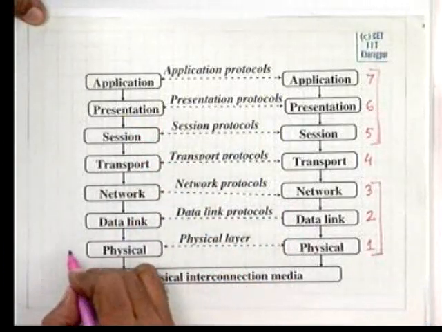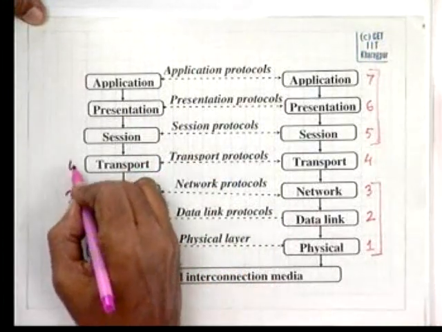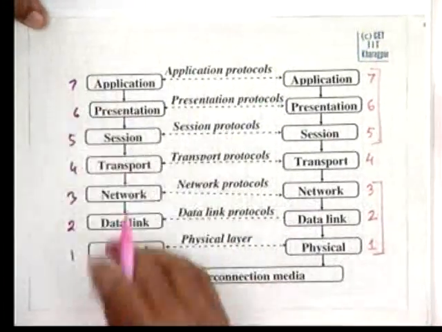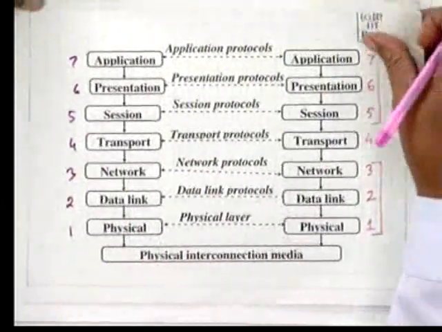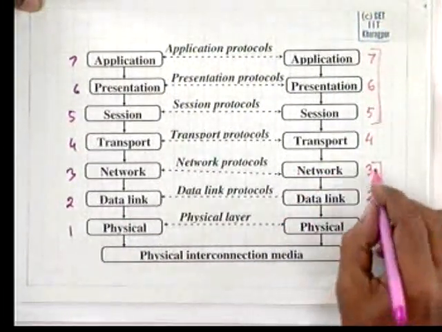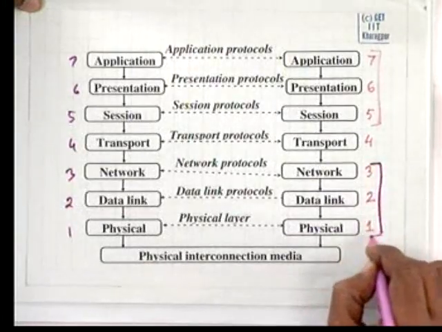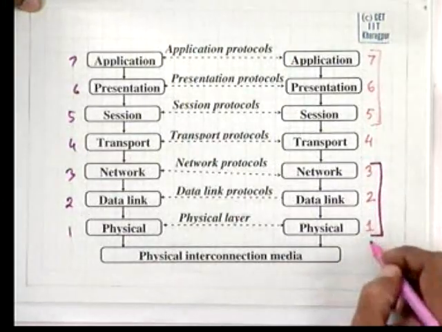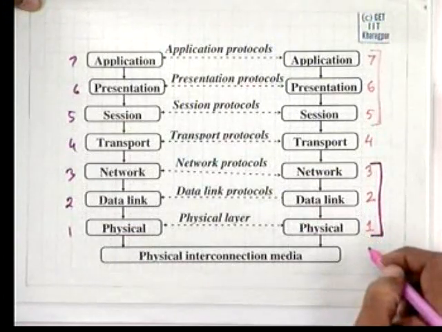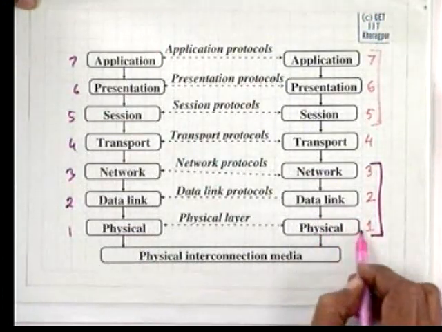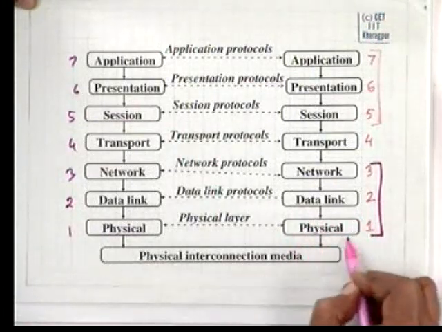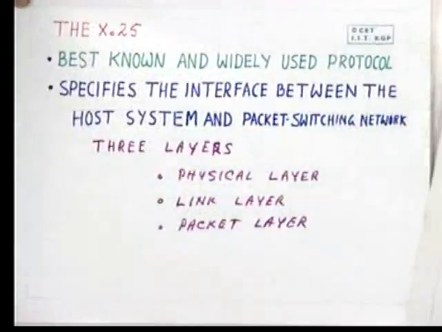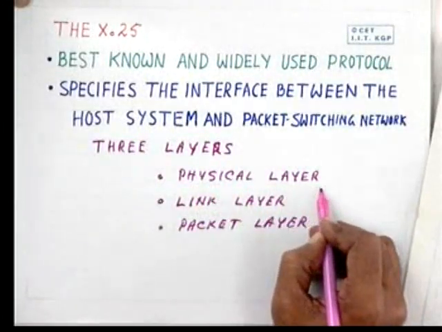We have earlier discussed the OSI 7-layer model, where we have seen there are 7 layers: 1, 2, 3, 4, 5, 6 and 7. Out of these 7 layers, the lower 3 layers concern communication purposes, and the physical layer of the OSI model corresponds to the physical layer of the X.25 protocol.